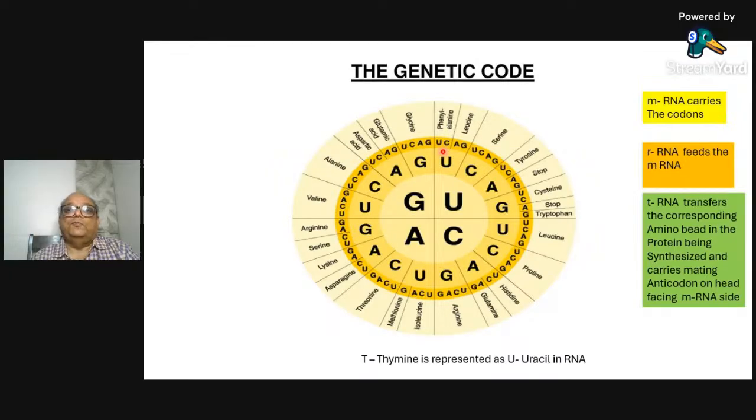Right. So, yes, there is a start and stop marker on the messenger RNA, which is implemented. Okay. So, mRNA is the one which reads the code sequence, which reads the gene through DNA, which has been unzipped.